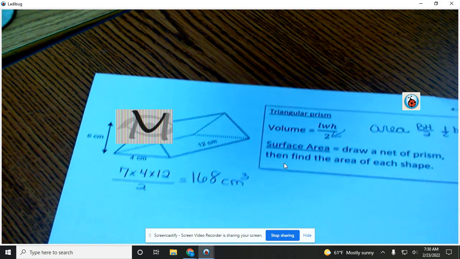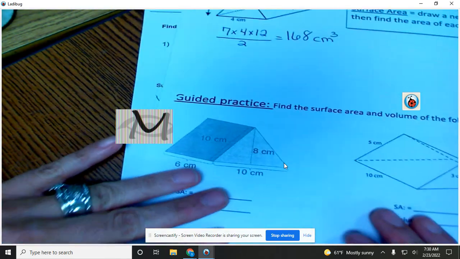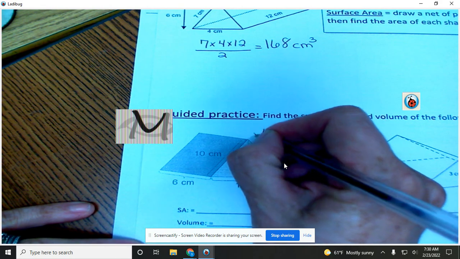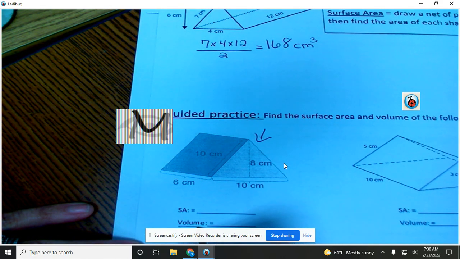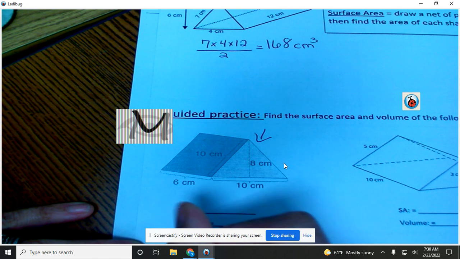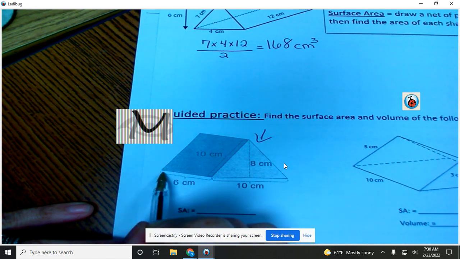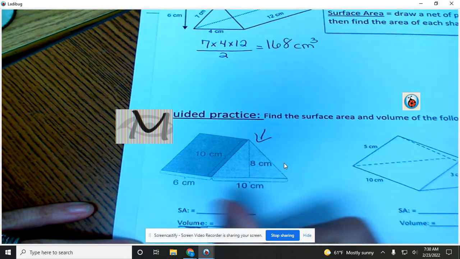All right. So let's go ahead and take a look at this guy down here, and we're going to do our guided practice. And you have the worksheet for this one as well. So for the volume, and the only thing that we're working on today is going to be volume, you are going to take the length, 10 centimeters, times 6, times the height, which is 8 centimeters.